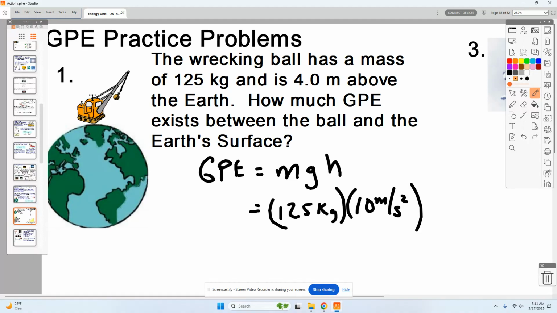Instead of 9.8, just make it 10. It's close enough. We can go with that. And then height would be 4 meters. So again, the energy associated with that position depends on where it is in that gravity field. So I take 125 times 4. That's 500, multiply that by 10, and that's about 5,000 joules. Energy associated with that position.